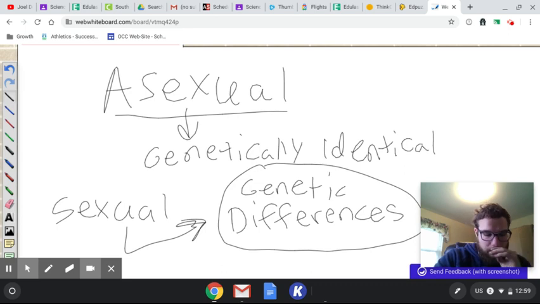I'm going to have a little bit of a worksheet per se for you to do that will hopefully make sense of this Punnett square. At least it'll give you some practice. But stay tuned for that. And then tomorrow we're going to go a little bit more in detail with this. I just wanted to give you the base level of Punnett squares. Hopefully this makes sense. Shoot me an email if it doesn't.